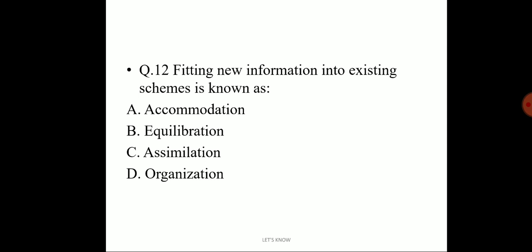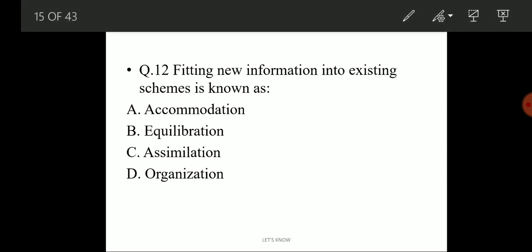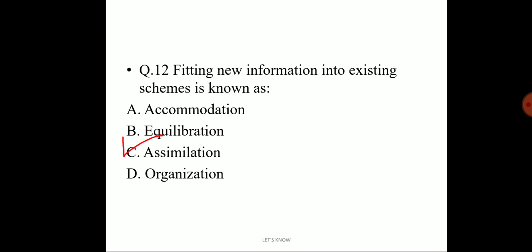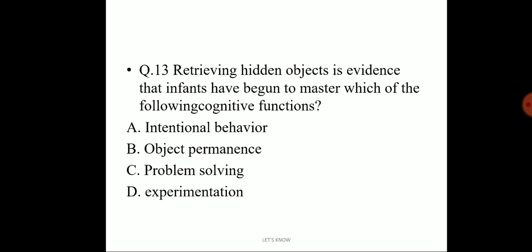In this question it is said the existing schemas, that means new information is given into an existing schema, it is not the change, it is simply implemented here, so it is assimilation, not accommodation. Accommodation is the next step when the existing thought changes and becomes a new thought. This one is accommodation. Do not get confused. Clear? Next question.